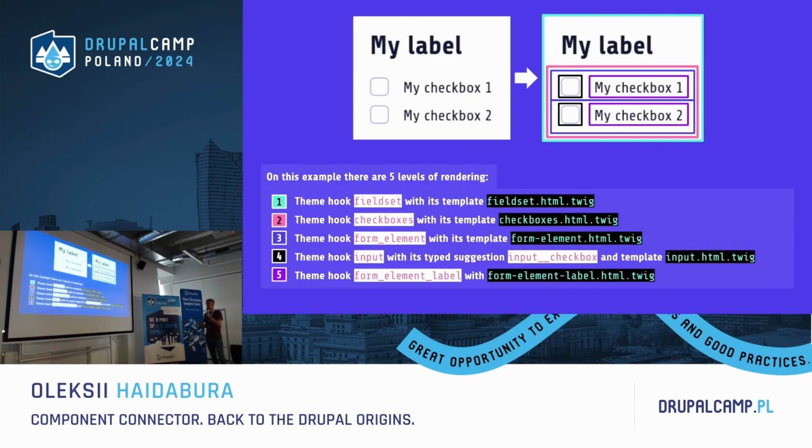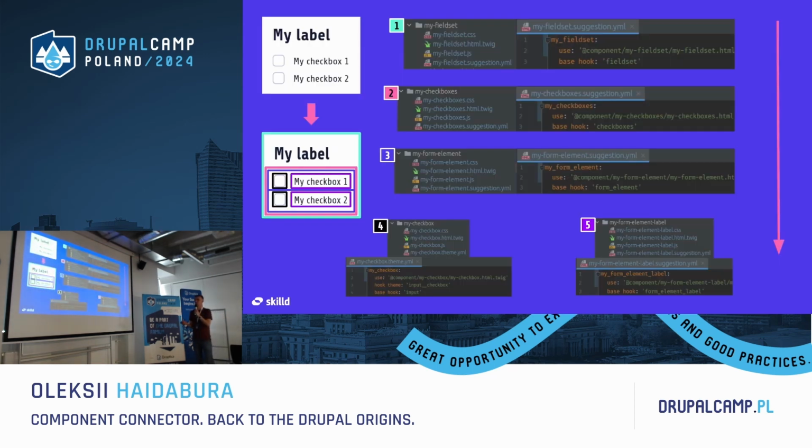But this element has 5 levels of rendering. See, it has a fieldset wrapping the whole element. It has the same hook, checkboxes. It's this one. Form element itself, input, every item is an input, and finally label. So we have 5 levels of rendering.